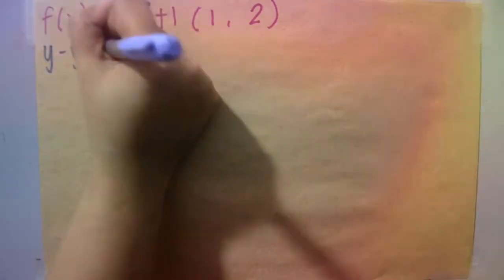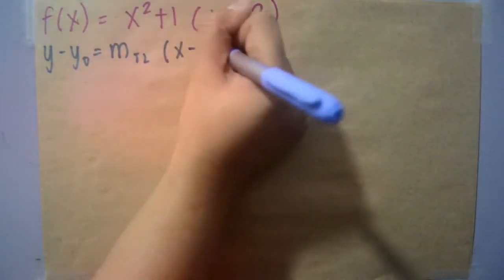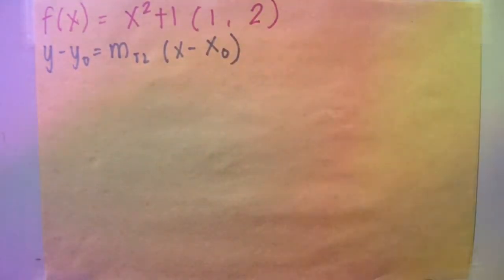Let's now get the equation of the slope. y minus y sub 0 equals slope of the tangent line multiplied by the quantity of x minus x sub 0.